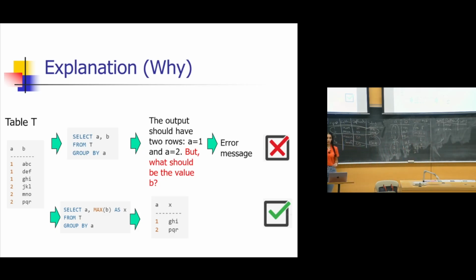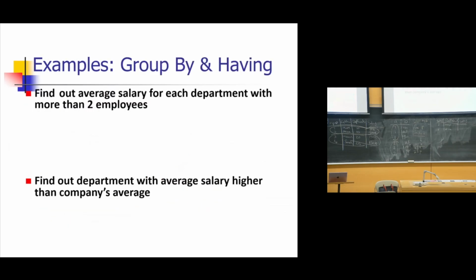That's against the relational table constraints that we talked about before. So the same here. We don't know what to write. But what if you write, for example, maximum of B? Then you know, in group 1 you want to select the maximum, and then in group 2 also you want to select the maximum, or count, or whatever, right? So that's the reason.